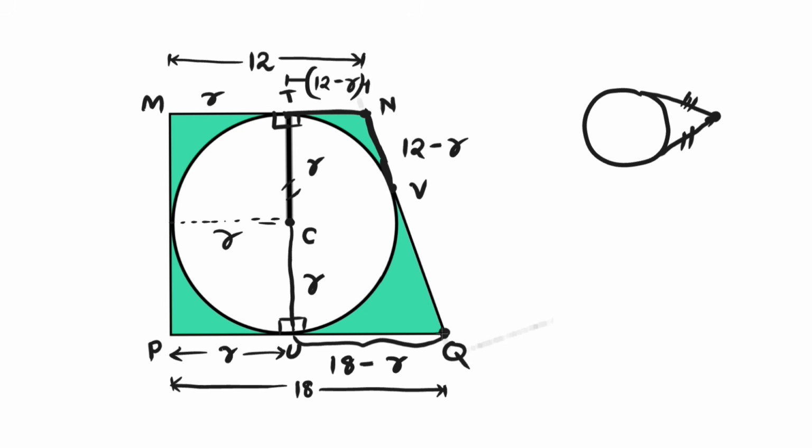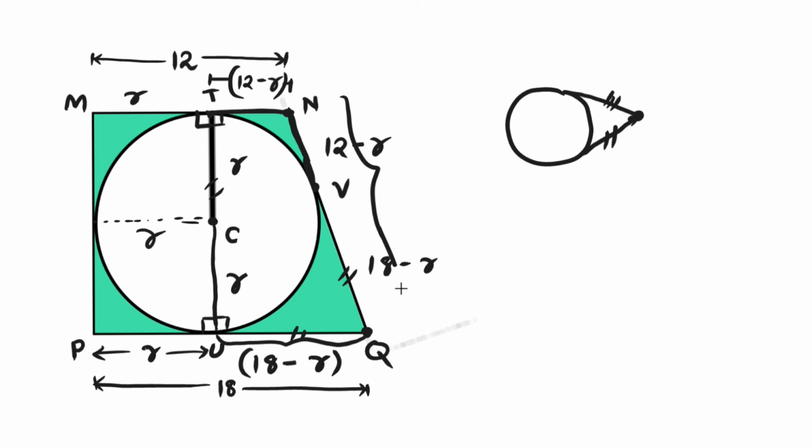Likewise, from point Q, the tangent segments QU and QV are equal. Since UQ equals 18 minus R, we have QV equals 18 minus R. Now, the entire slanted side NQ is made up of the two pieces, NV and VQ. So, NQ equals NV plus VQ.